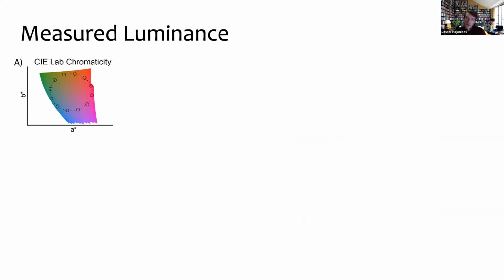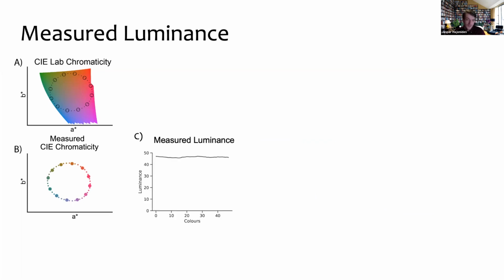And so we measured our colors on the screen. We observed that for chromaticity, it's still very circular, but we did observe some very minute differences in the luminances of the colors. So we wanted to test whether these differences in luminance actually explained our results.